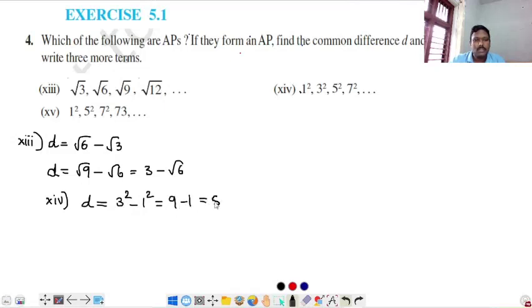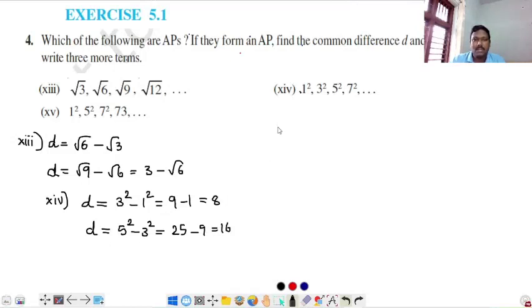What is 9 minus 1? It is 8. Now again we can find the common difference by taking 5 square minus 3 square. What is 5 square? 25 minus 9. What is 25 minus 9? It is 16. See, the common difference is different. So that also does not form an AP. Question number 14 also does not form an AP.